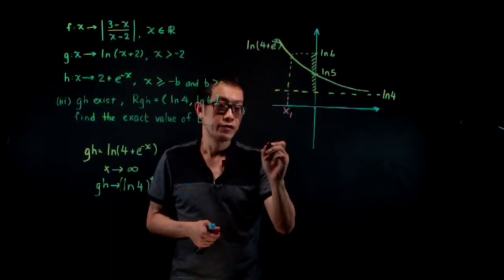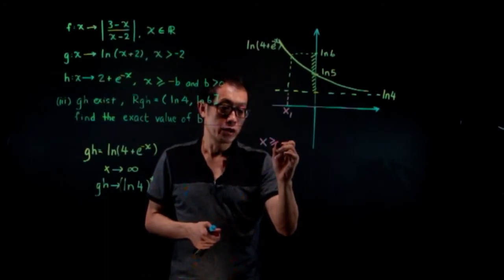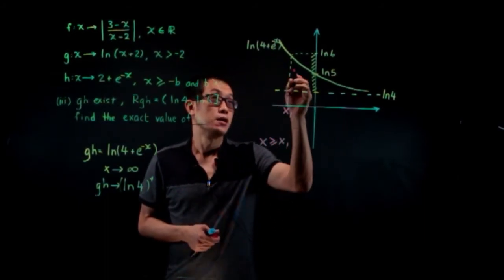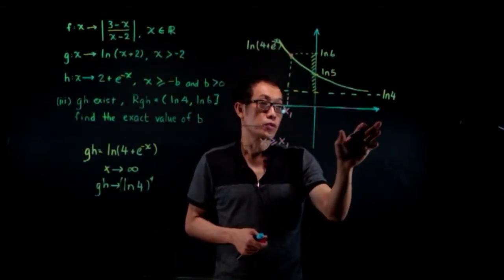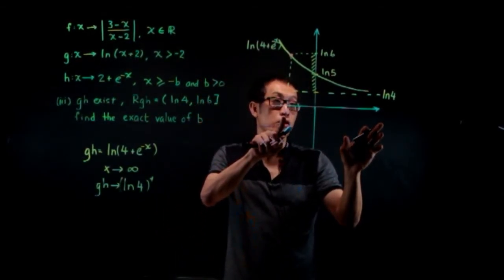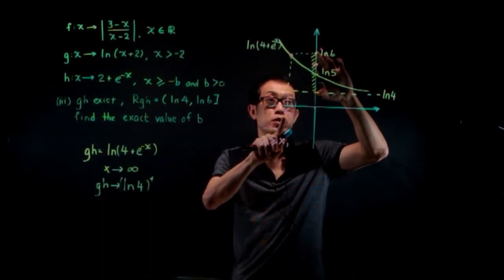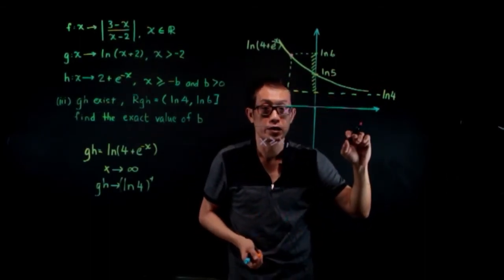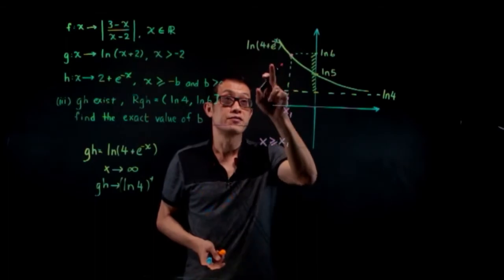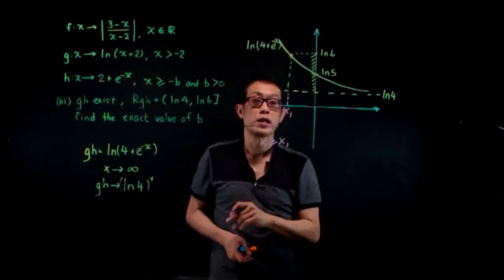From the graph, your input must be greater than or equal to x1, because if it's greater than x1, you will find that your range is between ln 6 and ln 4, not inclusive of ln 4. So the domain of this function must be x greater than x1.